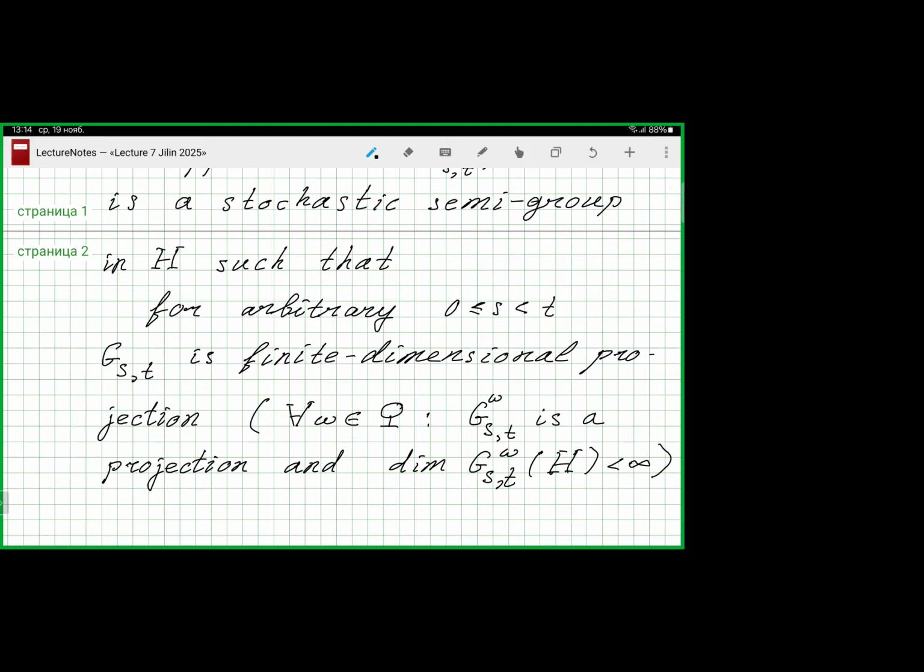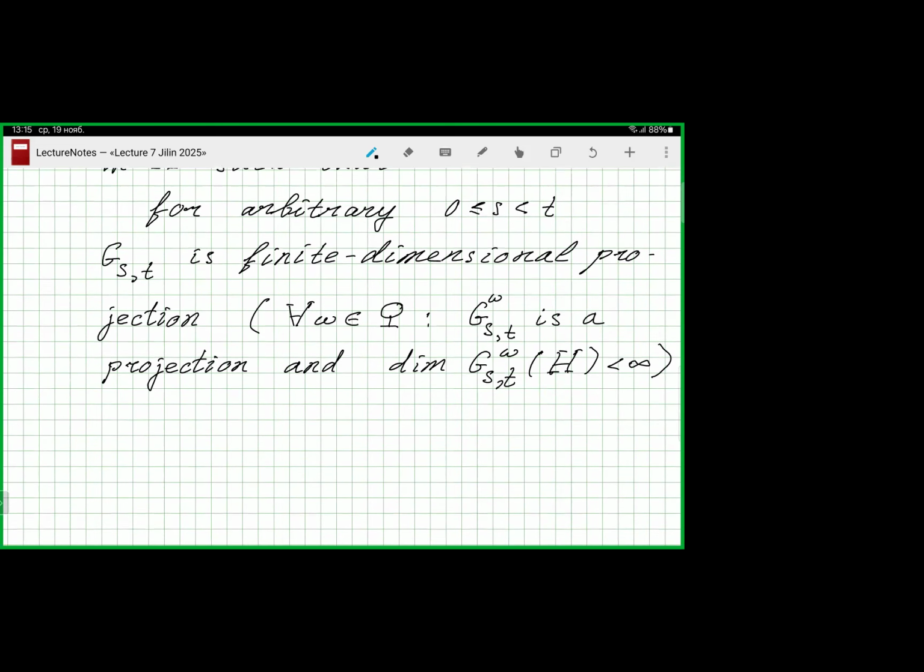So maybe before we proceed further, let us imagine at least one finite dimensional projection in infinite dimensional space. How can we do this? Let us begin with an example of a finite dimensional projection.